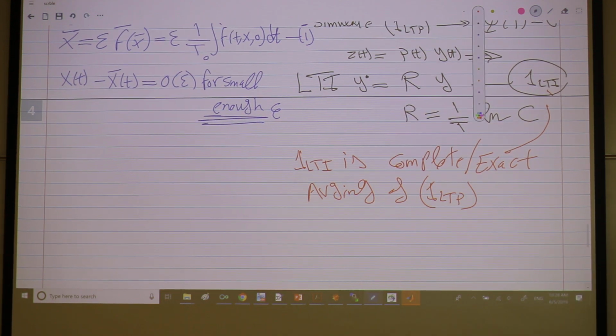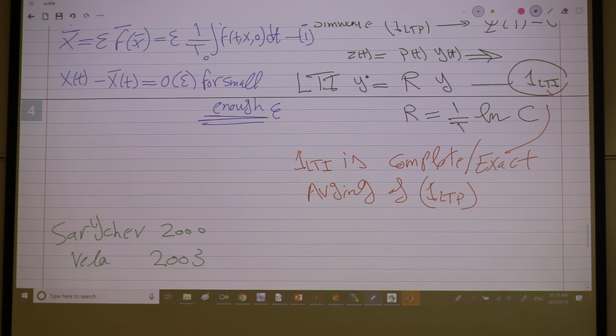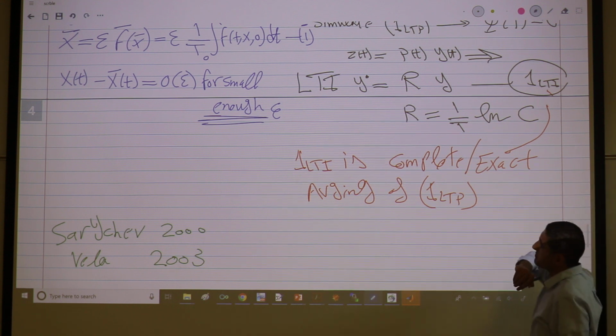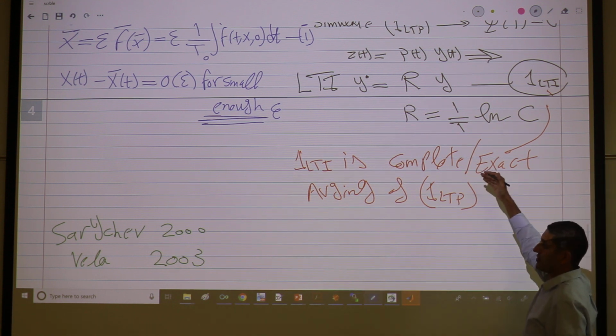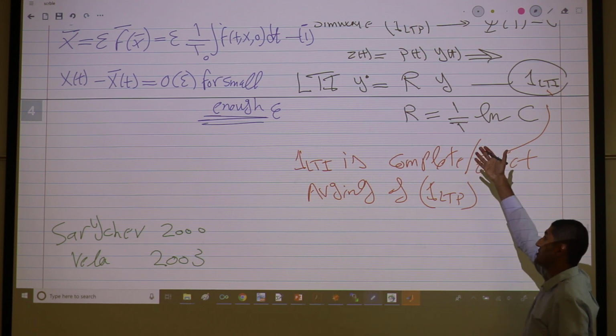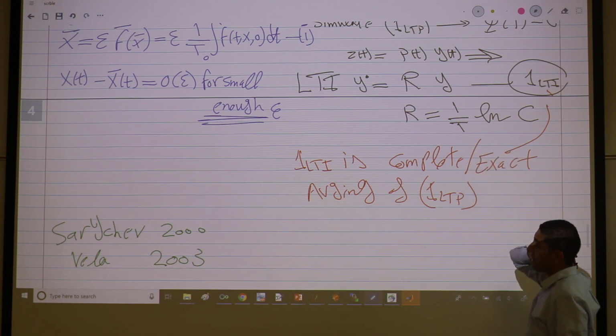So what Sarychev and Vela did, Sarychev 2000 and Vela's dissertation 2003, they did the same for the nonlinear case. Let's do this hierarchy exactly the same. What is the time-invariant system whose stability characteristics can help you to exactly infer stability characteristics of the time-varying system?